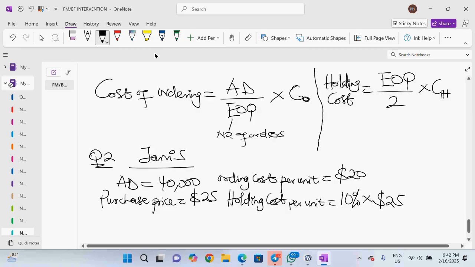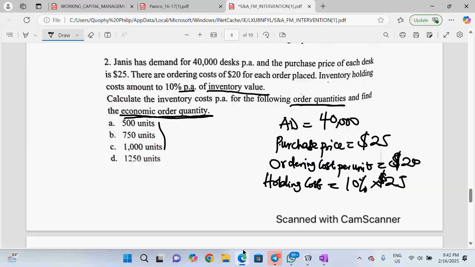So now they have given us different order quantities, and they want to know which of them gives us the least cost. So either they order 500 units, or 750 units, or 1,000 units, or 1,250 units.